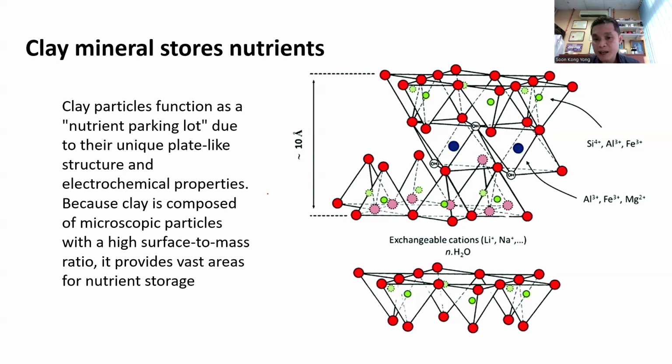But the exchangeable cations that I'm talking about here, like lithium, sodium, potassium, maybe calcium, are also plant nutrients. So you can say clay is the parking lot. They are the sponge. They are the storage of the nutrients.